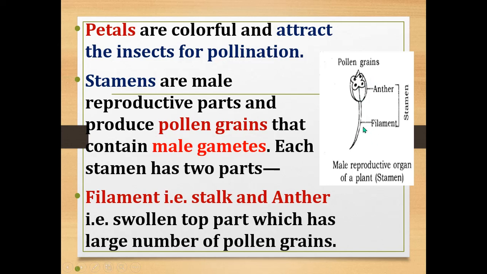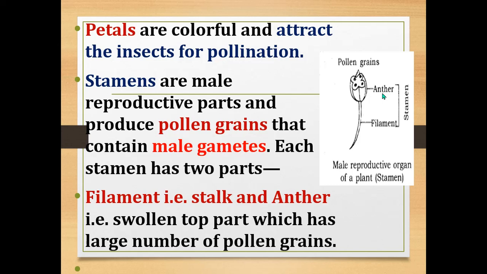Each stamen has two parts. They are filament, that is the stalk, and anther. The swollen top part which has a large number of pollen grains is called the anther. So the stamen has the male reproductive parts.